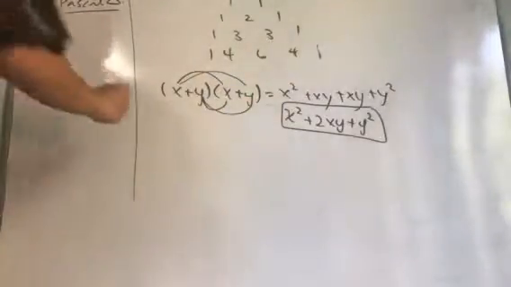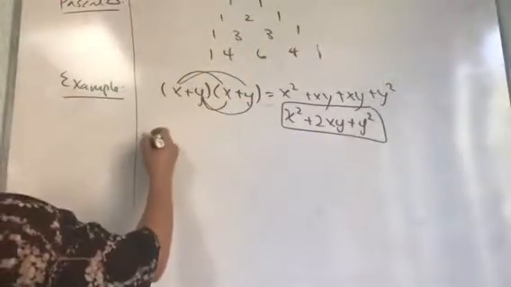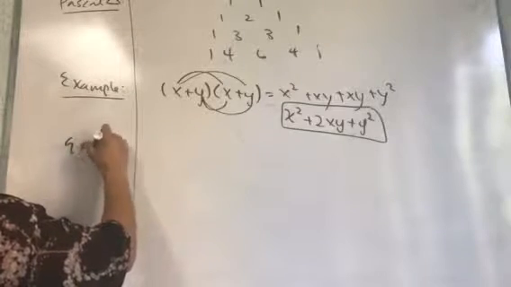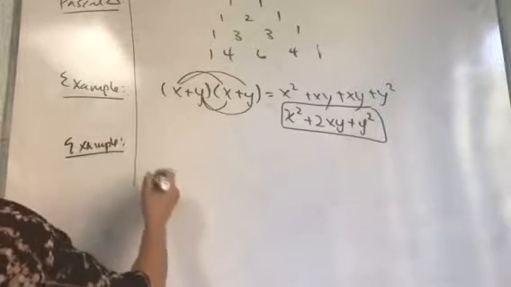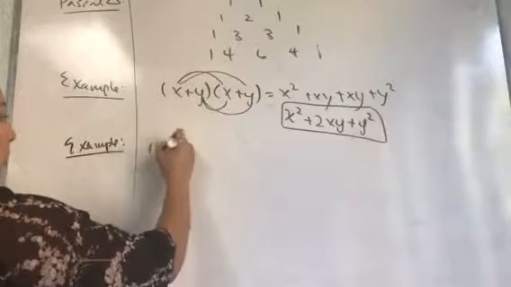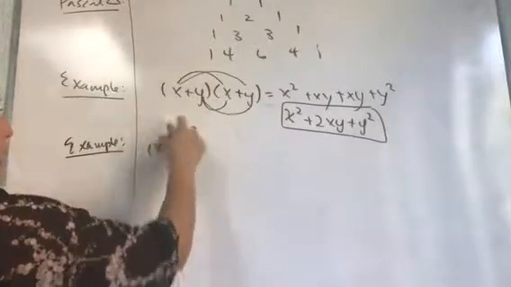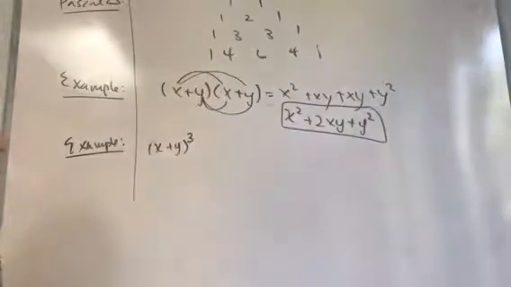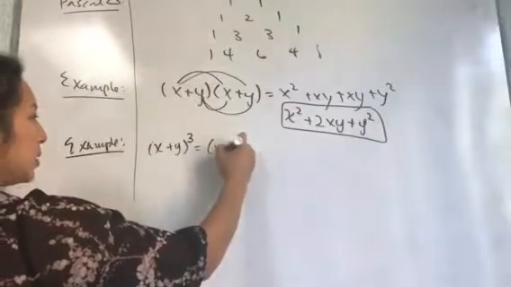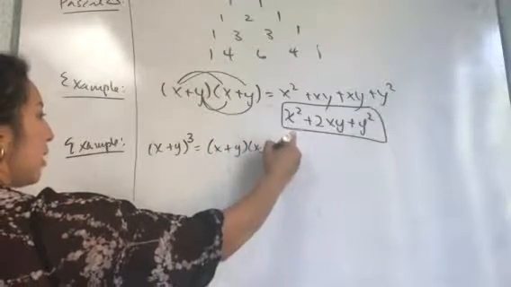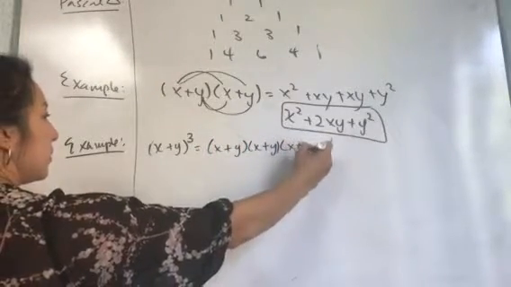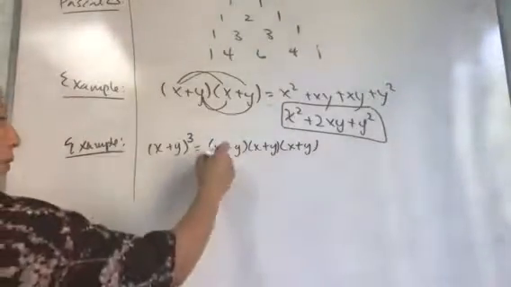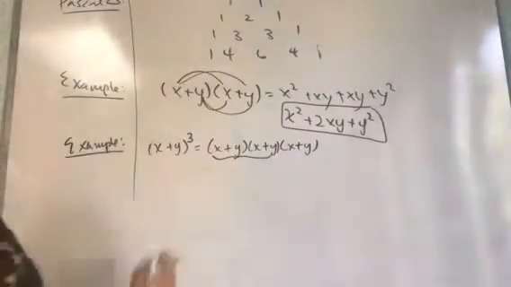Okay? So let's just say, for example, we wanted to find another expansion. Let's say we wanted to find (x plus y) to the third power instead of the square. Well, what that is, is (x plus y) times (x plus y) times (x plus y). We already found (x plus y) squared.